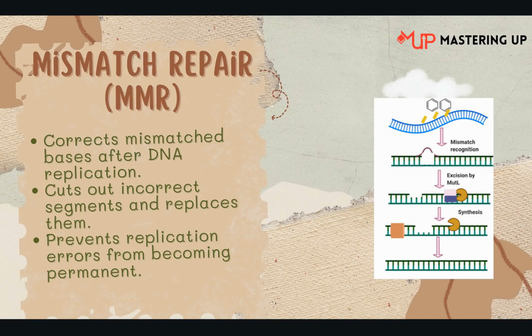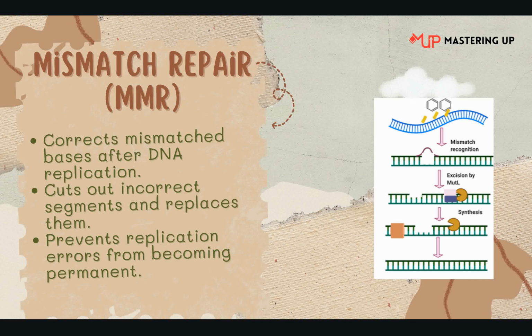The other type is mismatch repair, or MMR. Mismatch repair corrects errors that escape proofreading during DNA replication. This repair occurs during DNA replication if any nucleotide is mismatched in the newly formed DNA.